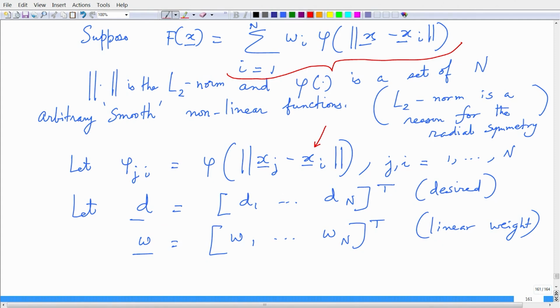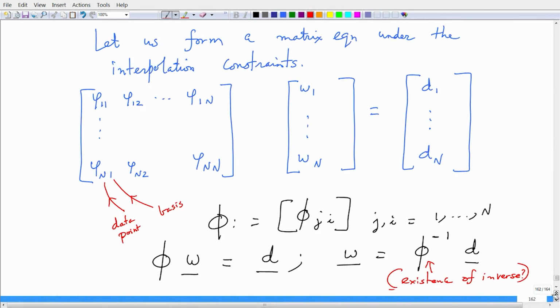Now this is a pretty straightforward problem if we express this in the form of a matrix. Now I have phi 1 1, phi 1 2, phi 1 3 so on till phi 1 n, and I have these w1, w2, w3 so on till wn.